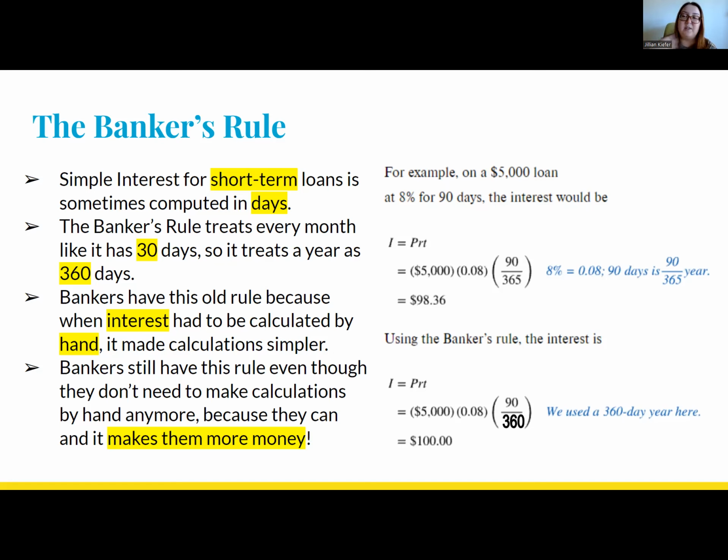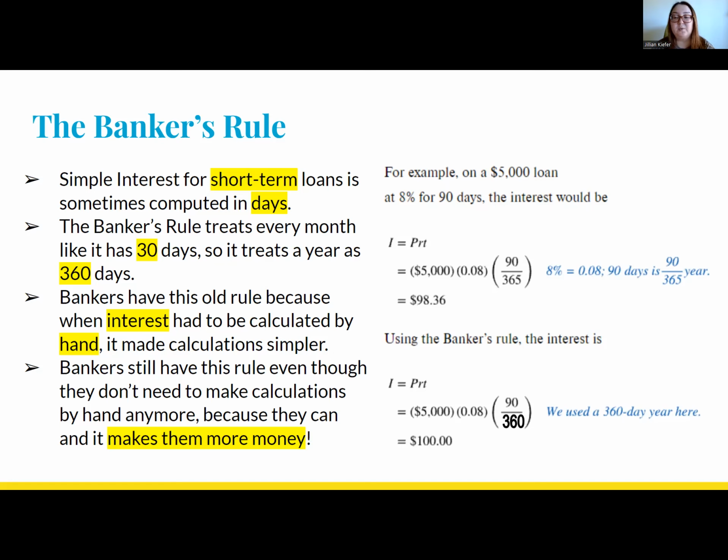We have a fraction of the number of days divided by the number of days in a year. So however many days the loan is, divided by the number of days in a year. So our portion of the year is 90 days divided by 365. Then we put that in our calculators and we get $98.36. That's how much interest you should be owing on that.